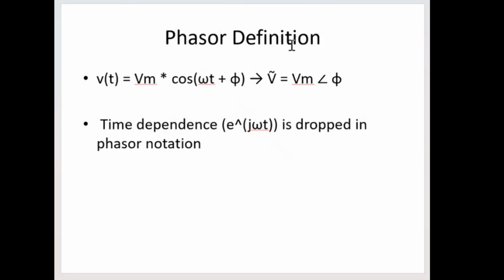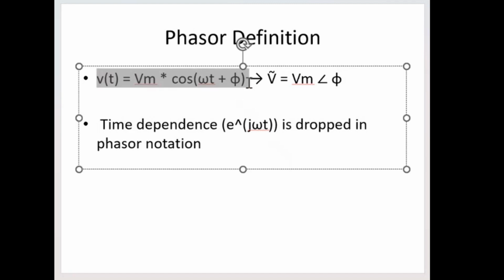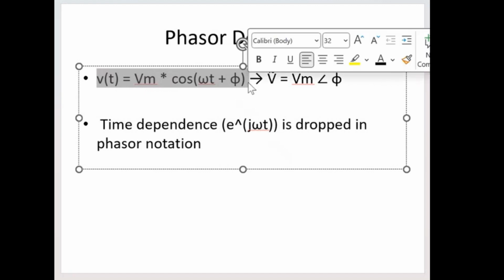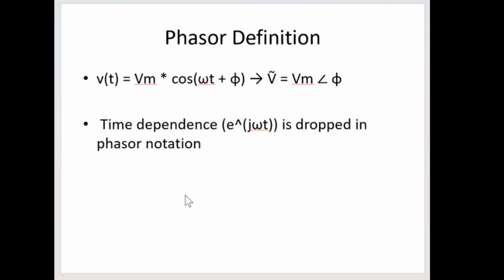Okay, a definition of the phasors. If we have a time domain function as a cosine function, and by the way, the phasor definition for AC circuit analysis is based on the cosine function.